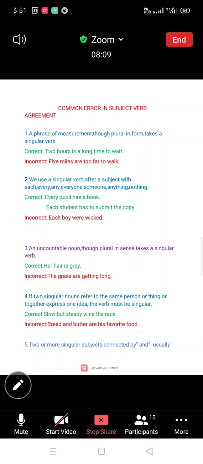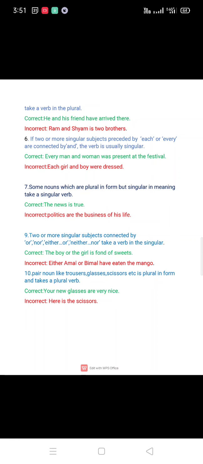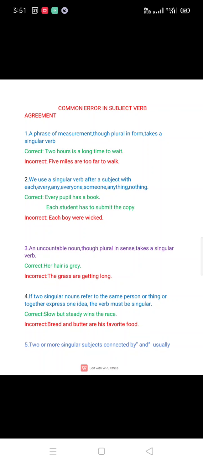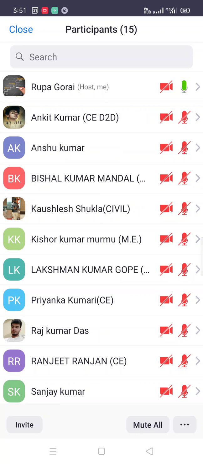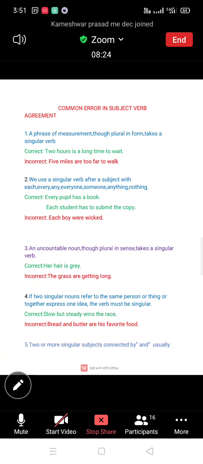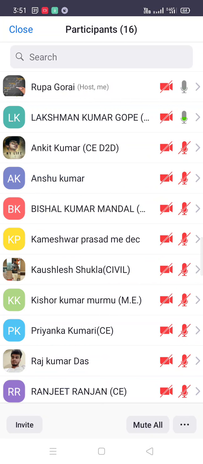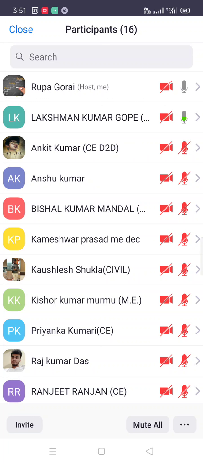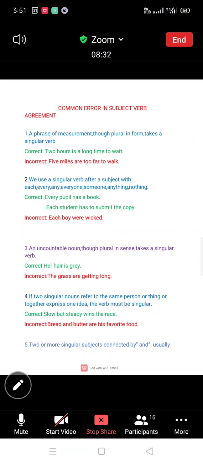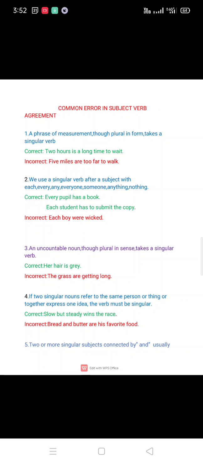Number 5, two or more singular subjects connected by and. Okay, the screen is not visible, all of you. How is it possible?